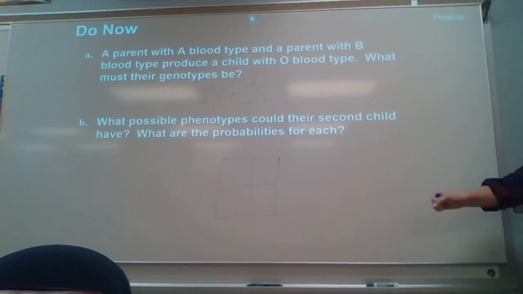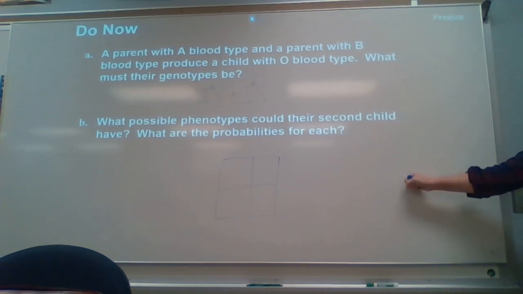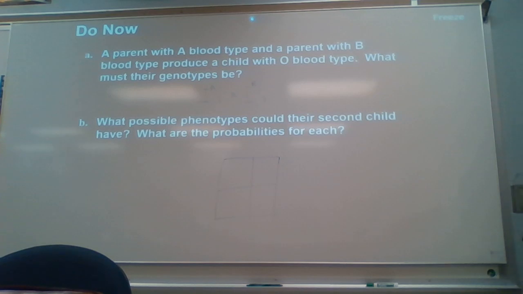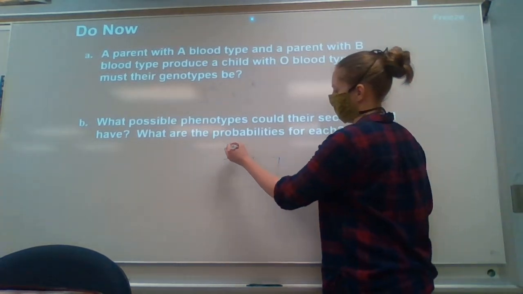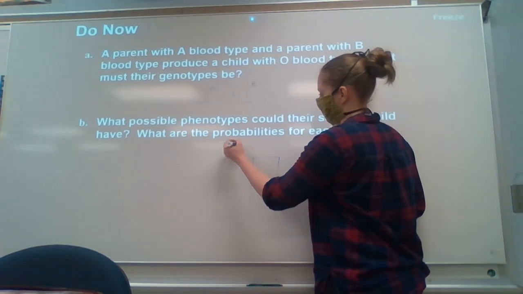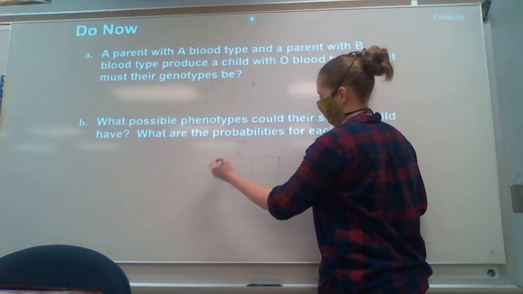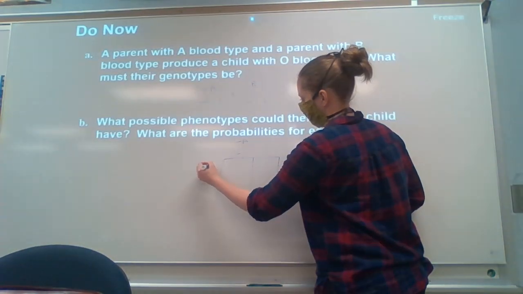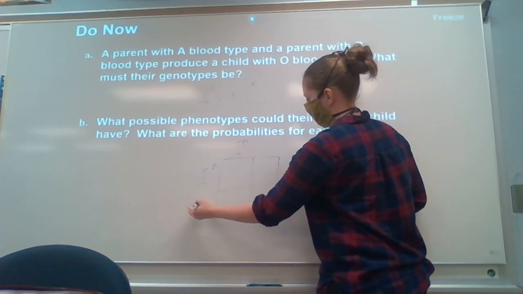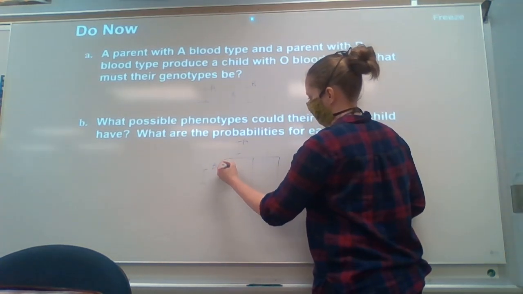Okay, so write out whatever that phenotypic ratio would be. If I was grading this question, that's what I would look at first, if you have the right phenotype ratio. Square.